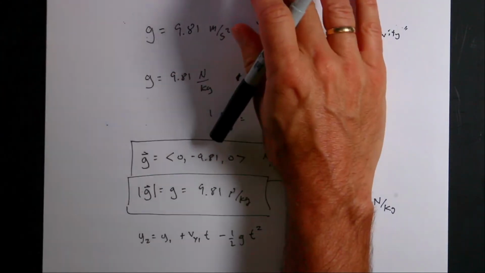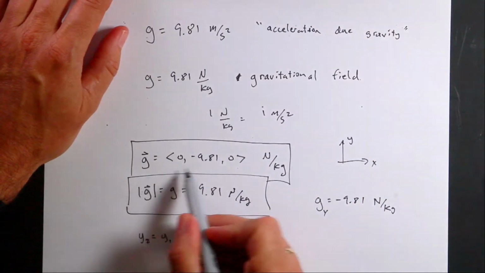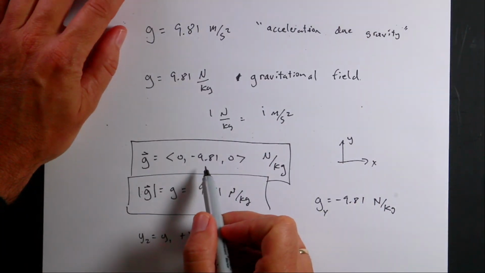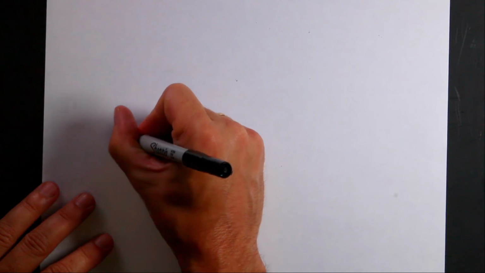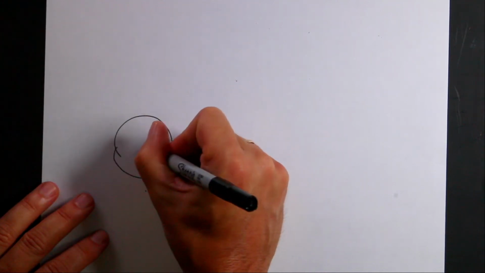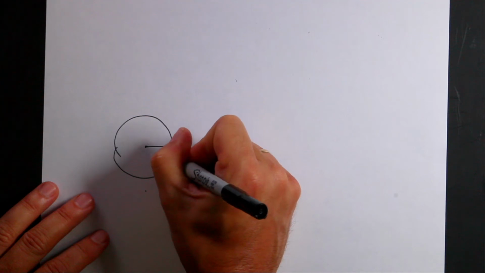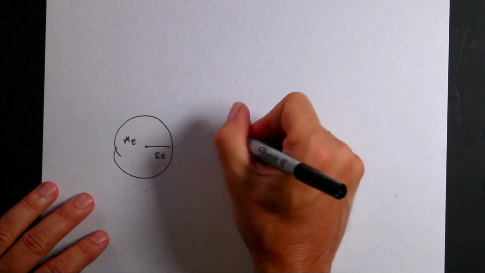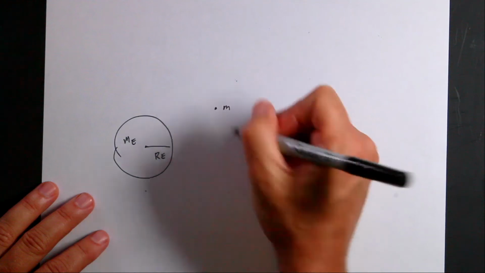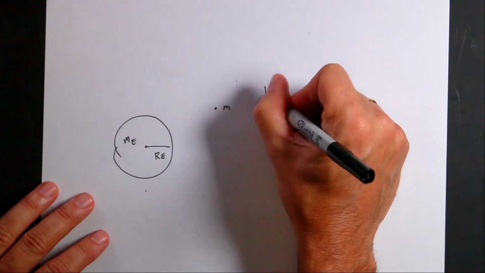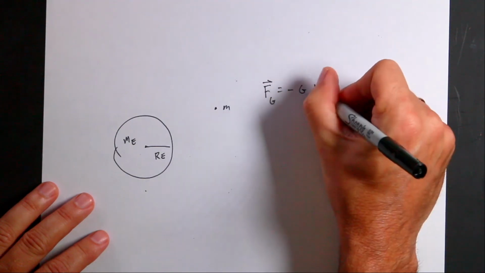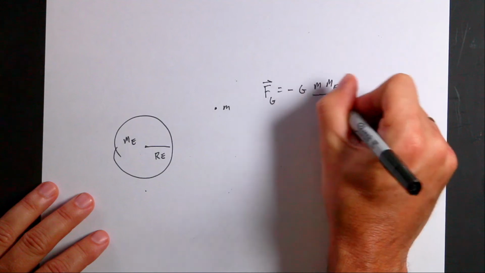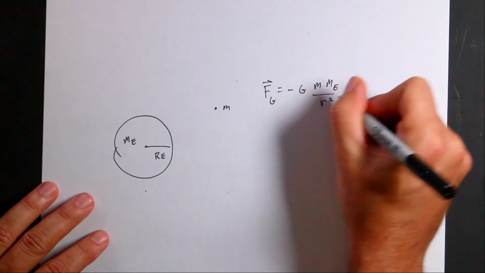Technically, this is the gravitational field near the surface of the Earth. If you start looking at a better model for gravity, let's say for the gravitational force of the Earth, then here's the Earth, here's the radius of the Earth, it has a mass M_E. If I'm over here and I have some small test mass m, then the gravitational force F_g, I'll write this the full way, is negative G m M_E over r squared r hat.